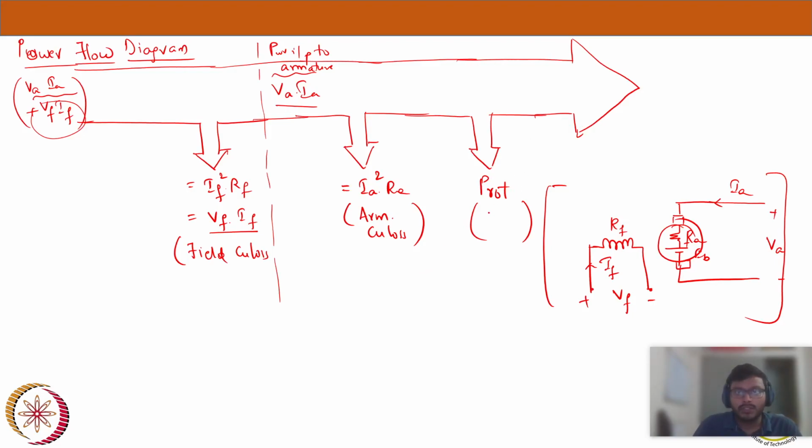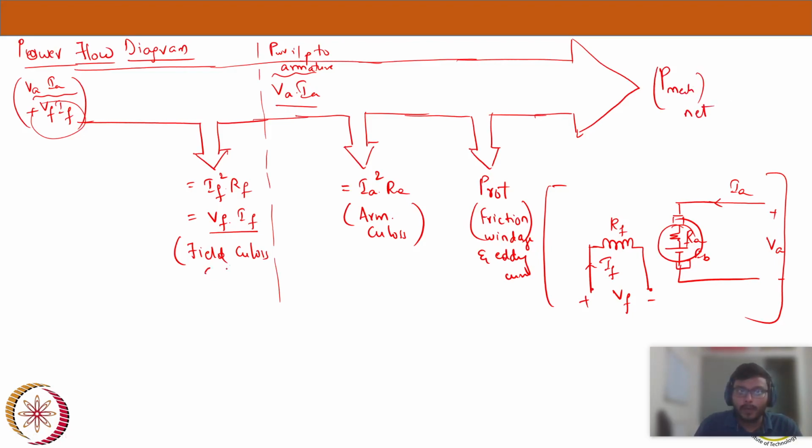Okay. So these rotational losses are constant losses. The losses which come under these are friction losses, windage losses, and eddy current losses. So these are all the losses present in a DC machine, and the power that is left at the output is P mechanical net.